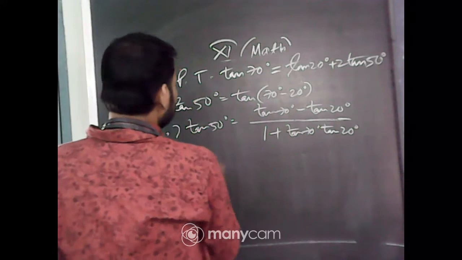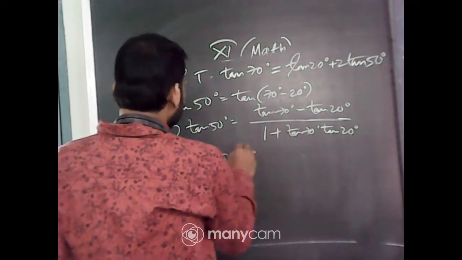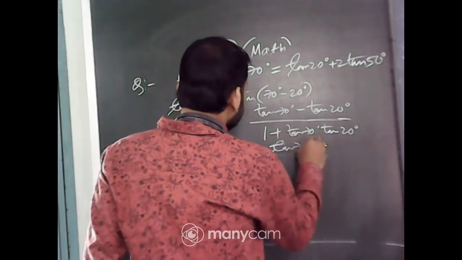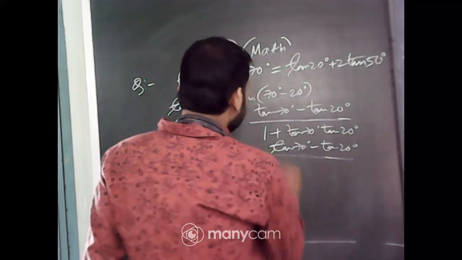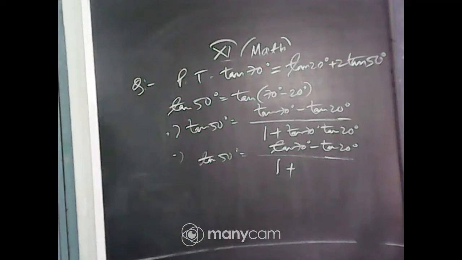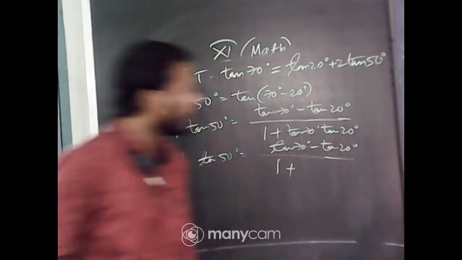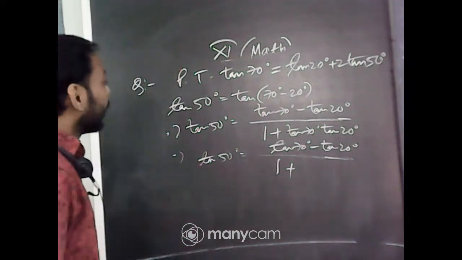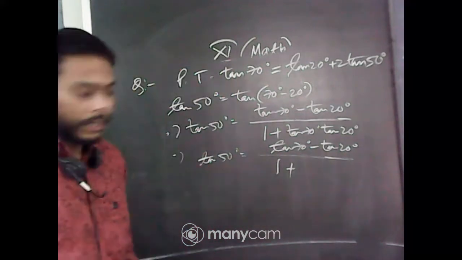Now, tan 20 you can write as cot 70 from the complementary relation, and from the reciprocal relation it will be 1 by tan 70.